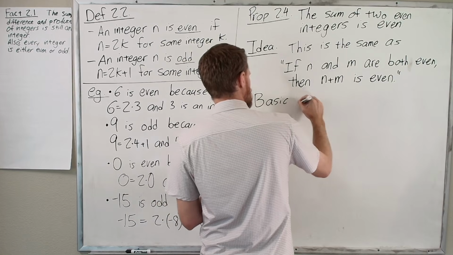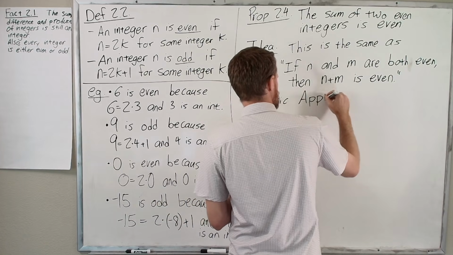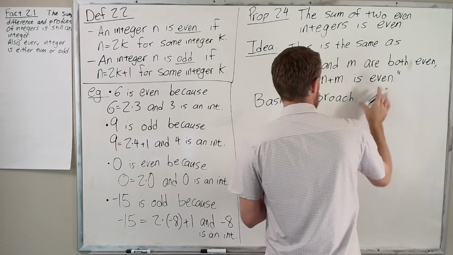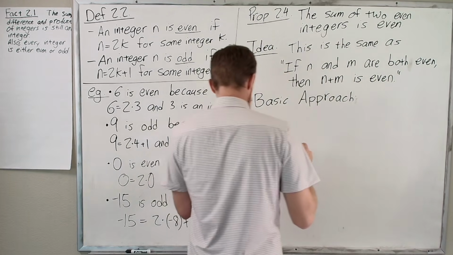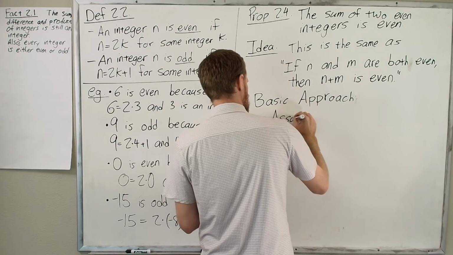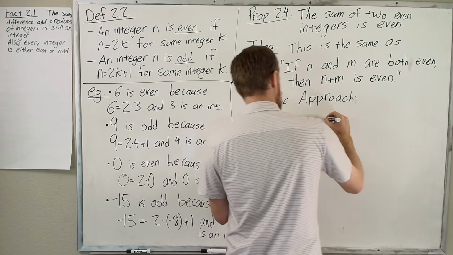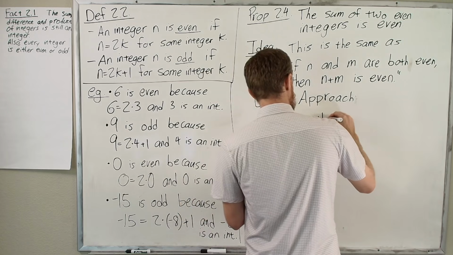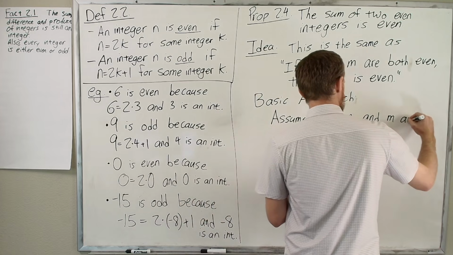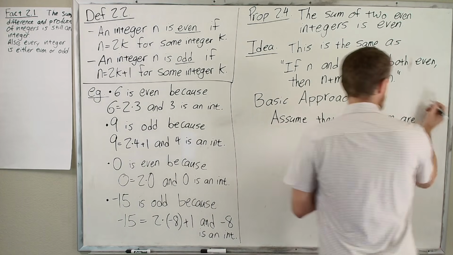And again, at any point, feel free to pause the video and try this on your own. See if you can work it out and then come back. So here's your basic approach: we're going to start by assuming that n and m are even.